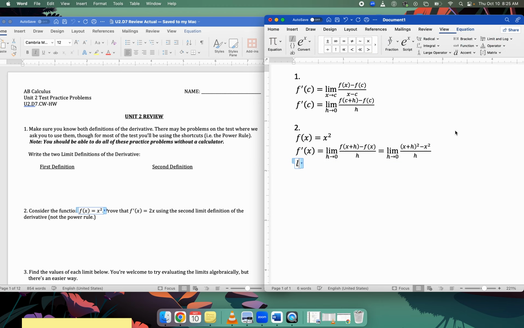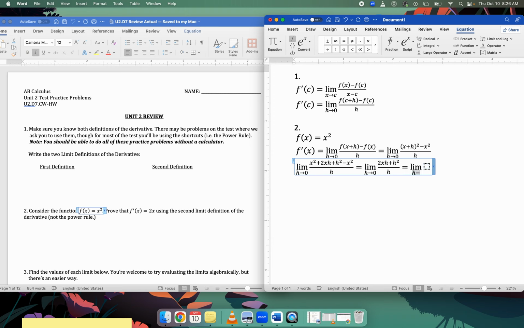So that would be the limit as h approaches 0 of x squared plus 2xh plus h squared minus x squared all over h. Well, the x squareds cancel, so I get 2xh plus h squared all over h.